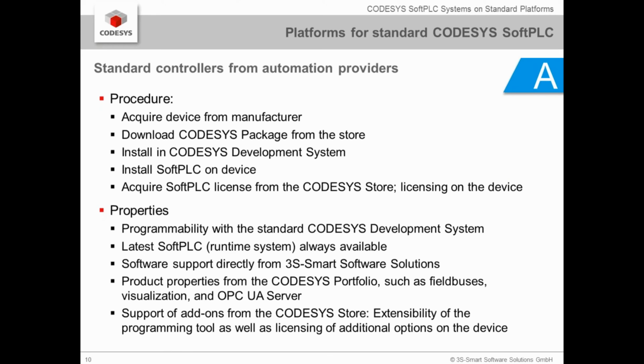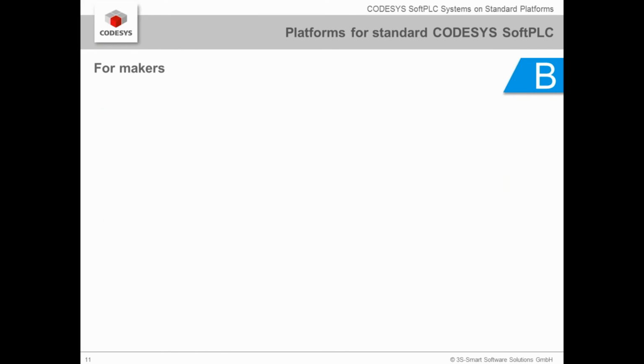Furthermore, with the SoftPLC, you may have licensing on the device. Some of the options are not licensed per workstation, but per device. And this is as well, of course, supported with our SoftPLC systems.